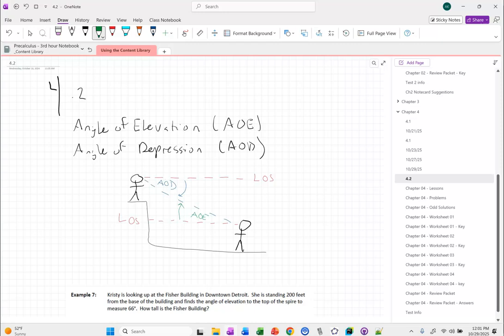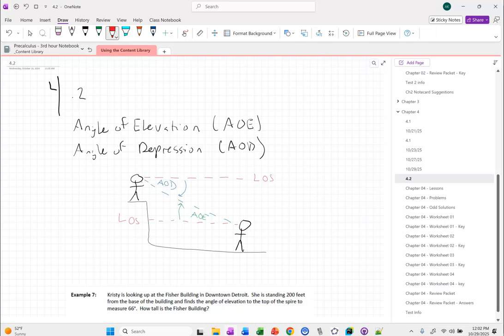Okay. All the problems that you're going to be responsible for in section 4.2 are of the story problem variety. Considering they all involve angles of elevation or angles of depression, a key skill is going to be drawing a picture.